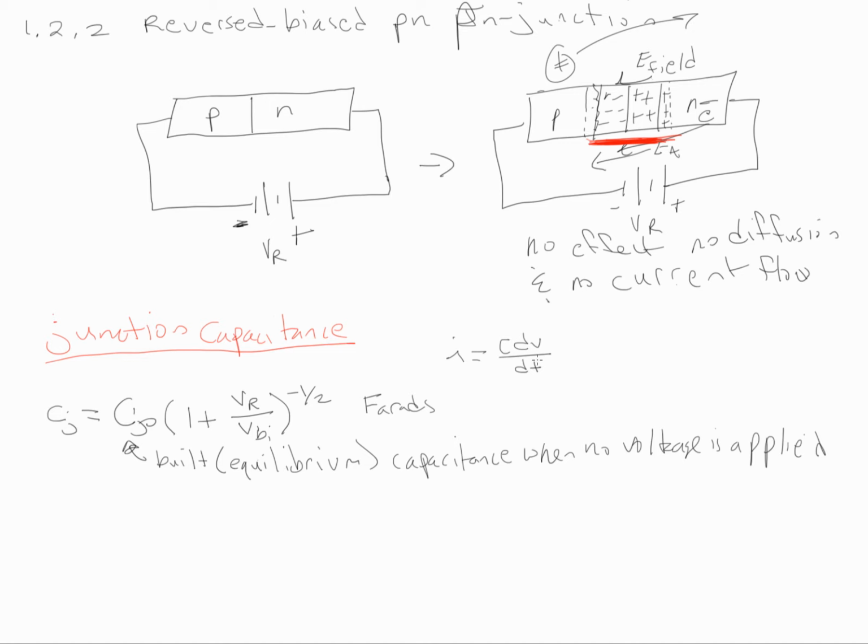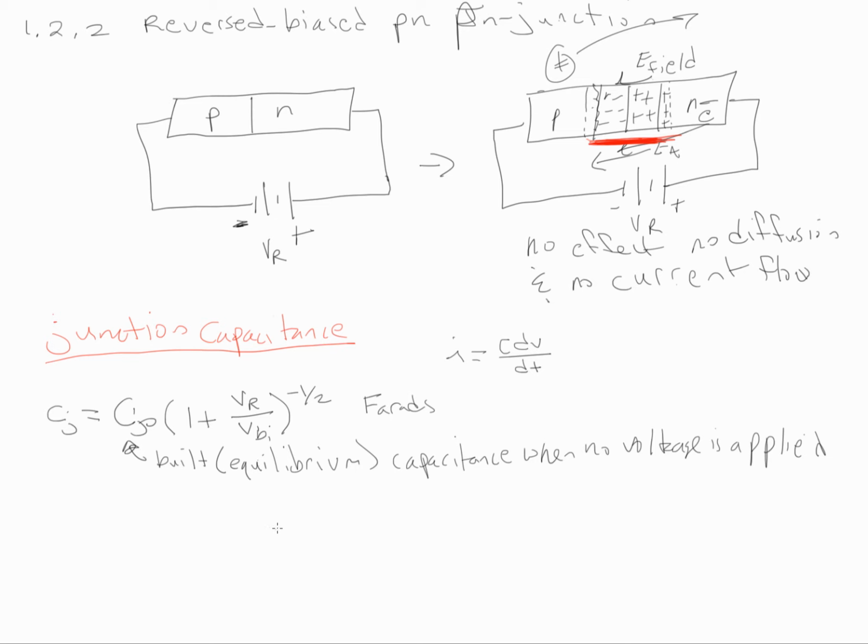And these varactor diodes are operated in reverse bias mode, and they're used to make something called a Hartley oscillator. Again, I don't have any idea what that is. And they're also used to make a tuned amplifier.